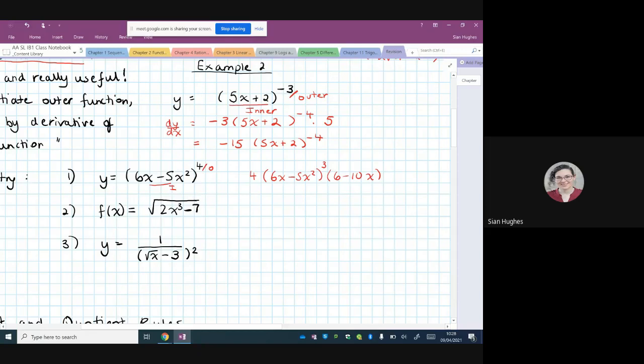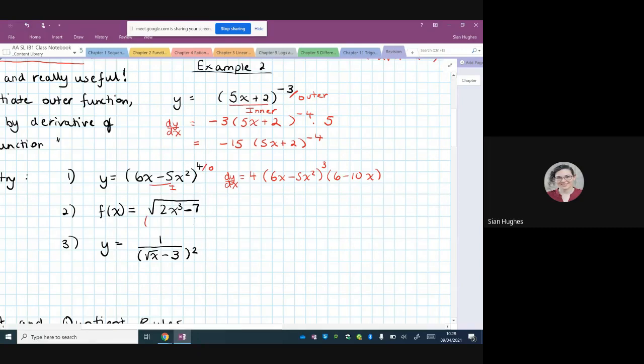And because it's got 2 components, I need to put them in a bracket. And don't forget that you should always write dy by dx equals to make it clear that this is the derivative. I could write this in a different order, but it wouldn't improve my answer, so I'm just going to leave it like that. There's no obvious simplification to do. If you've written it in a different order, you're just as correct, so don't worry about that.